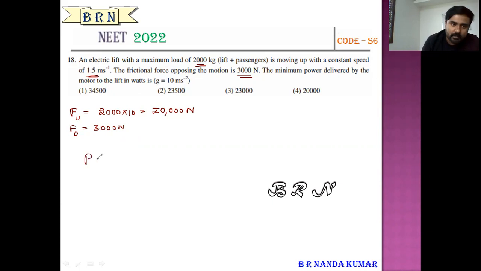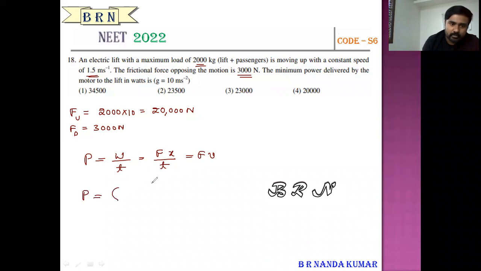Look, power is work done divided by time taken. Work is force into displacement divided by time. So displacement by time is the velocity. X by t is velocity. Correct?